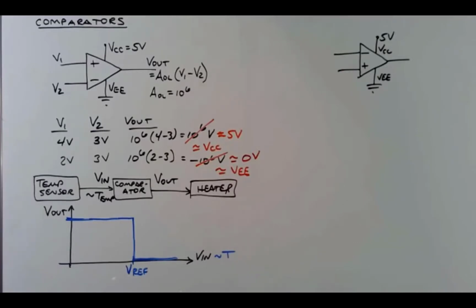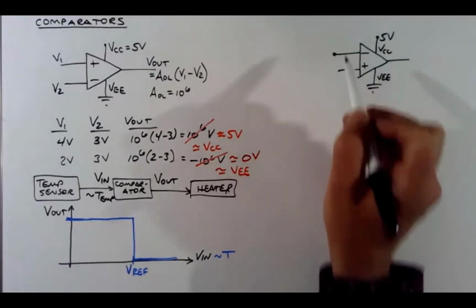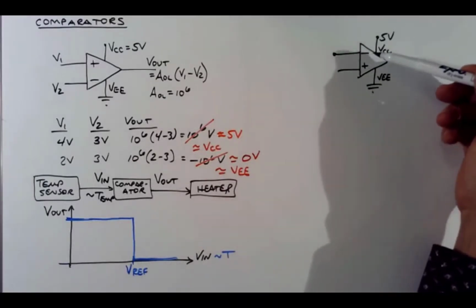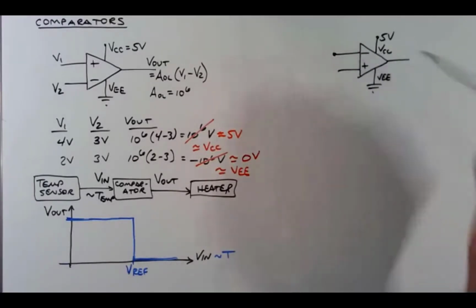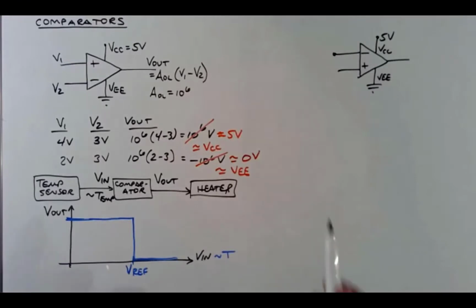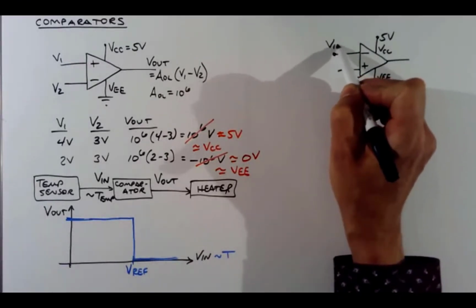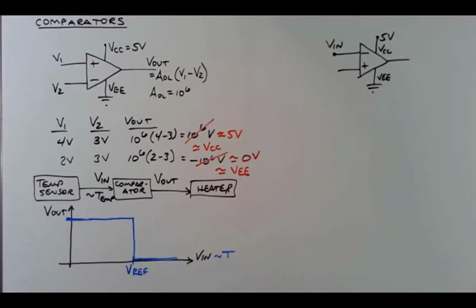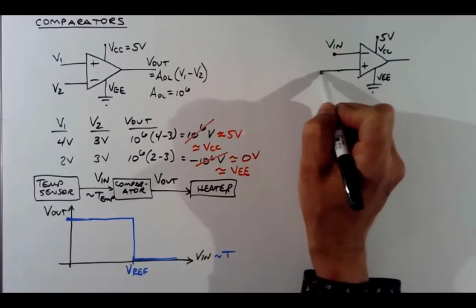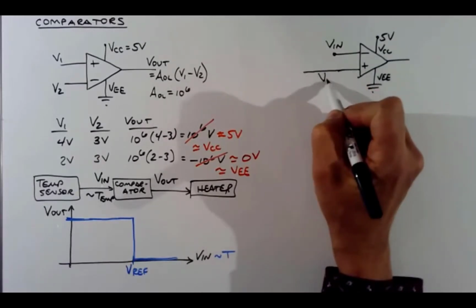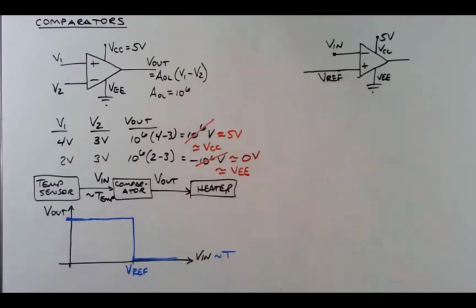I've put the inverting input on the top, non-inverting input on the bottom. It doesn't matter, it just happens to be the way I drew this. I'm going to put the input voltage at the inverting input, and then I'm going to put the reference voltage at the non-inverting input. Now, why did I do that?